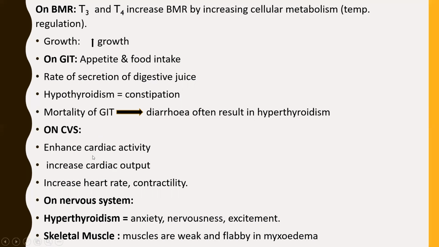On CVS, it enhances cardiac activity and also increases cardiac output, heart rate and contractility. On nervous system, hyperthyroidism causes anxiety, nervousness, excitement, and on skeletal muscles, muscles are weak and flabby in myxedema.